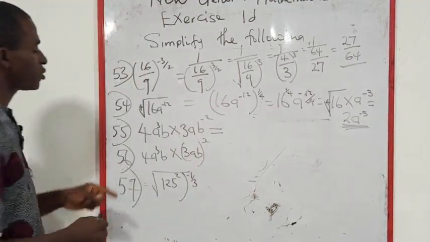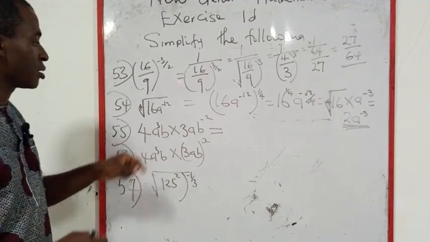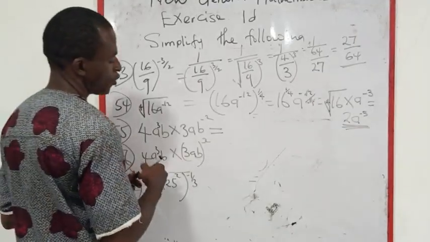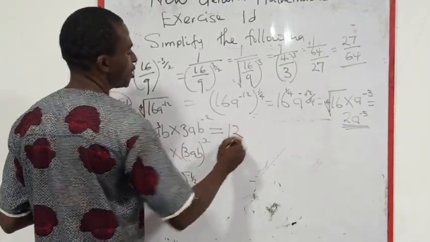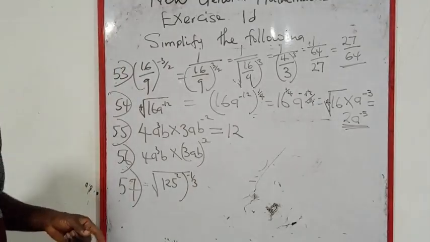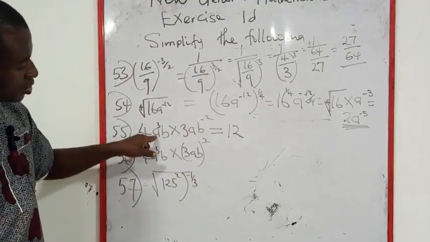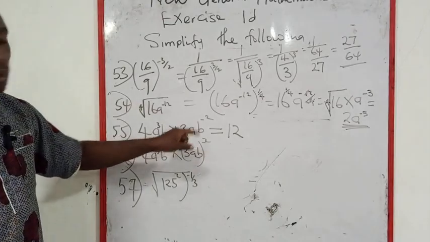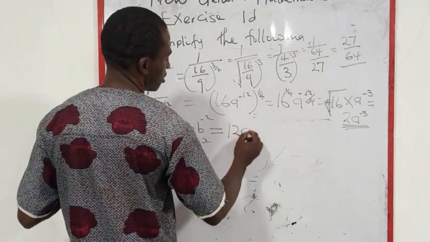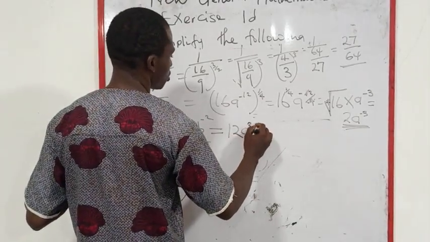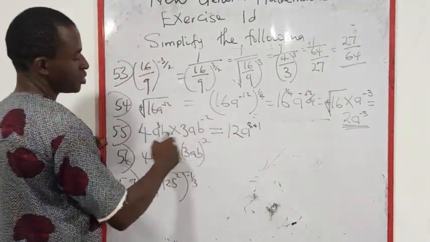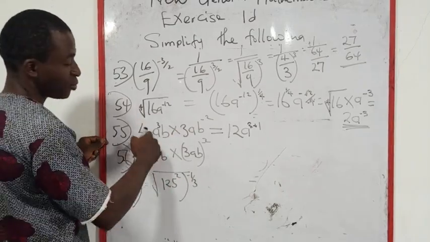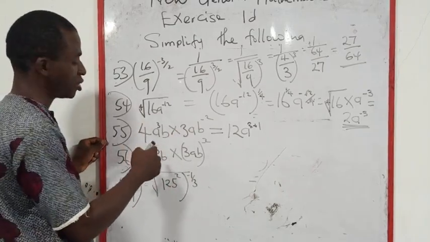The next one is, don't forget, in this case, 3 and 4 are not similar things, so we multiply them, and we have 12. But don't forget also, we have similar base here: a has an invisible 1, a has a visible 1 here, so now a is 3 plus 1. Then we'll talk about b. Remember all these things are in multiplication form, so we can apply our first law here.